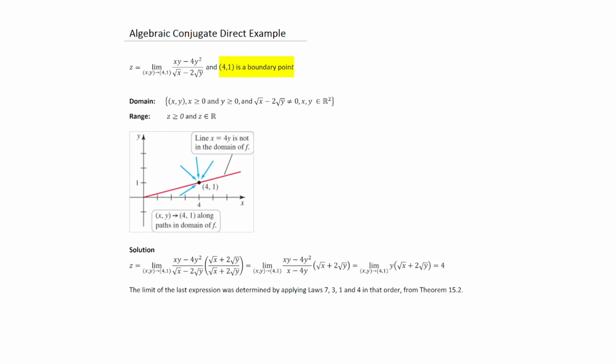If you look at a sketch, then basically the expression root x minus 2 root y not equal to 0 is equivalent to saying it is a line that is x equals 4y, and it's not part of the domain. All right, and the boundary point is on that line, and that's designated in the diagram as position 4,1, which is right there.